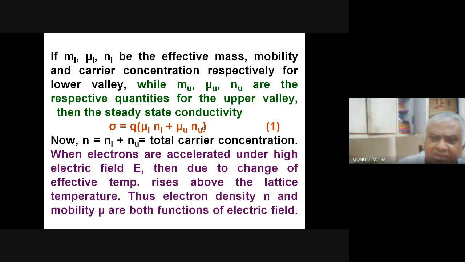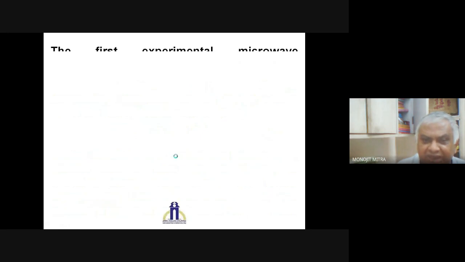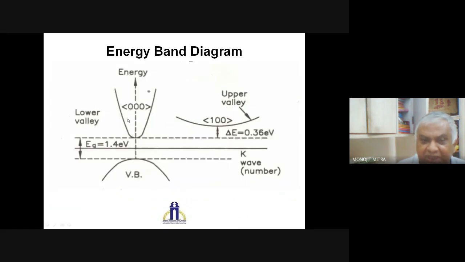So if I go back to that figure diagram, it will be easier. This is called the lower valley, as it is marked over here, and this is called the upper valley. So I am going to consider the mass of the electron in the lower valley, say mass m suffix L, their mobility as mu L, and the number of electrons present in the lower valley, say n L.